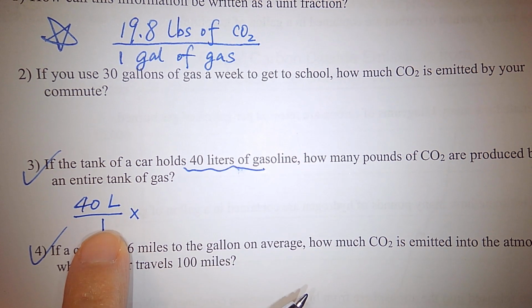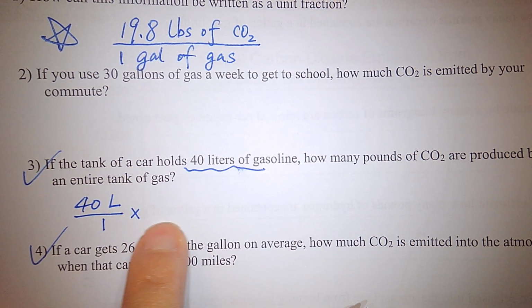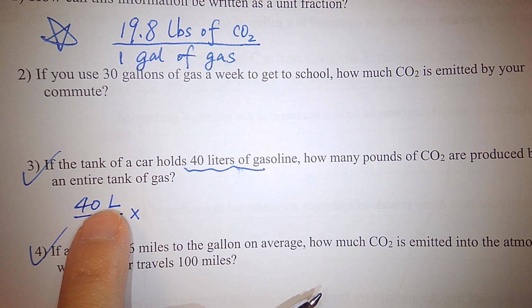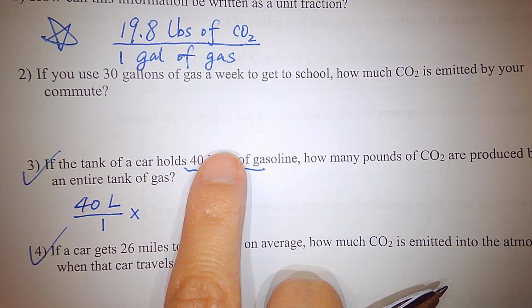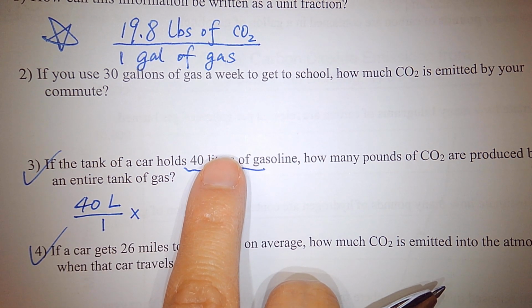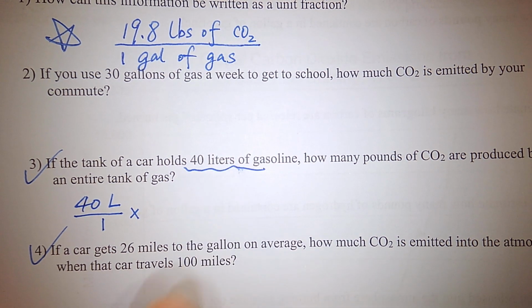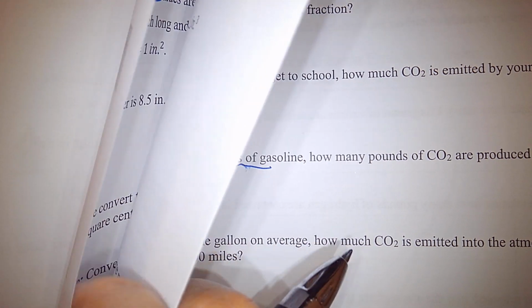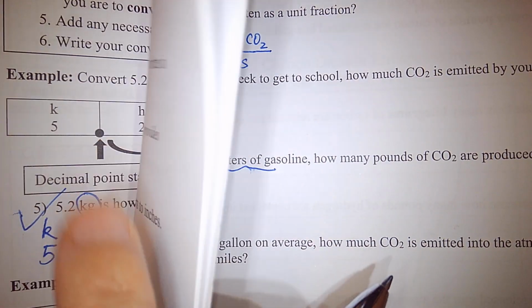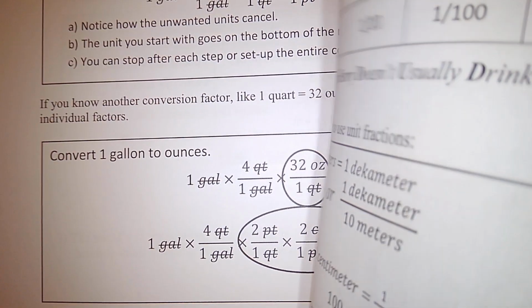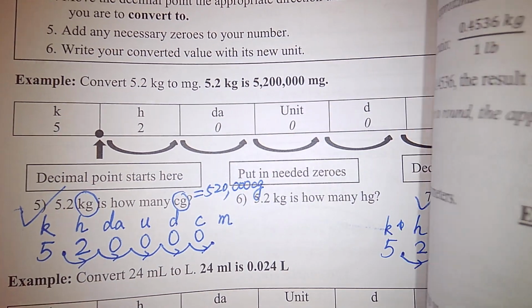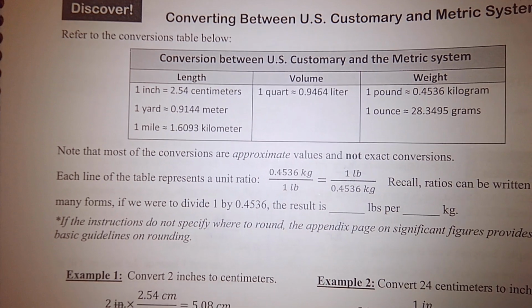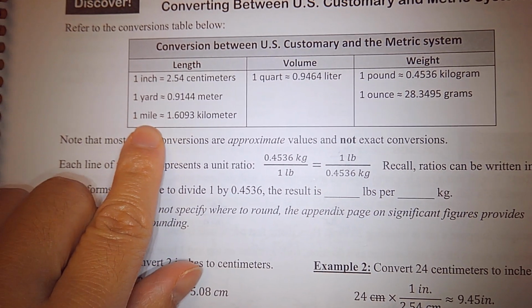So from liter to gallon: liter is a unit in the metric system, gallon is a unit in the English system, right? So check your yellow sheet or check the conversions from section 13. Remember? We have that conversion between the metric system and the English system. You can also see this table on the yellow sheet.